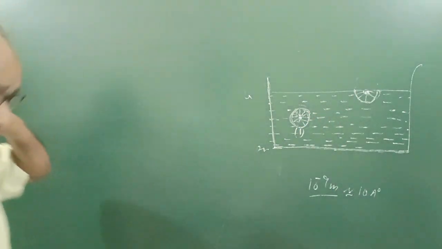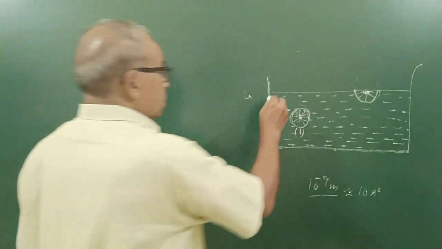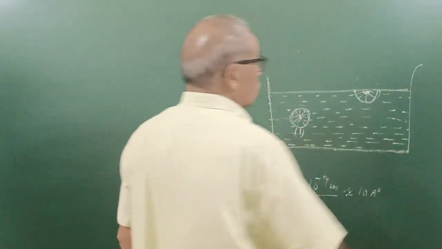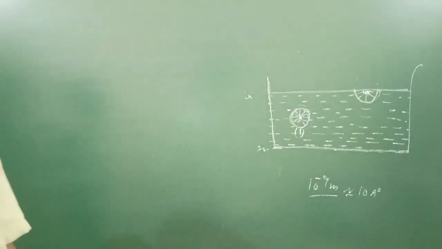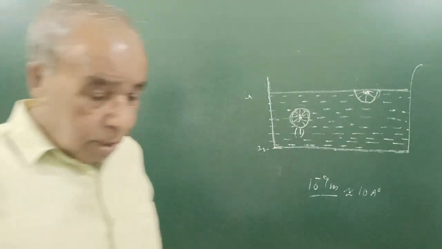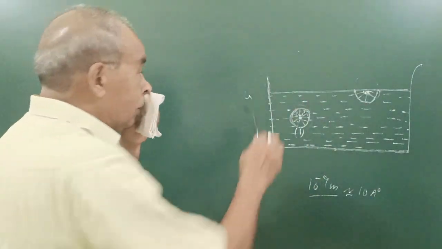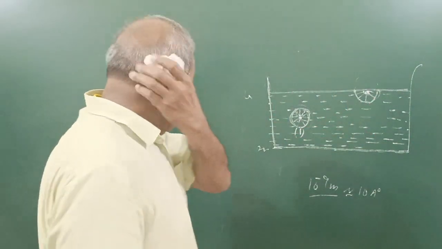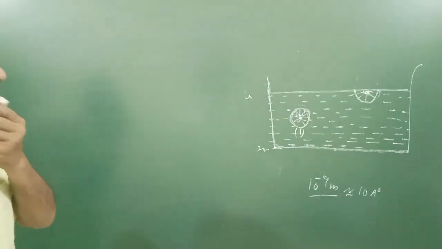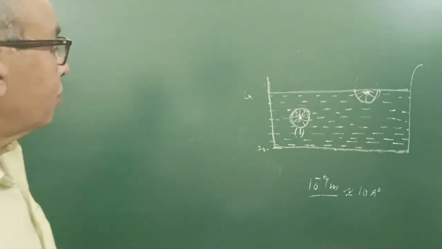Now I will derive one more thing here. What is the surface of a liquid? Actually, molecules of liquid on the surface are in random motion, so there is no perfect surface. On an average, we assume this is the surface. Molecules on the surface or inside the liquid are in random motion, so there is not a perfect surface of liquid.